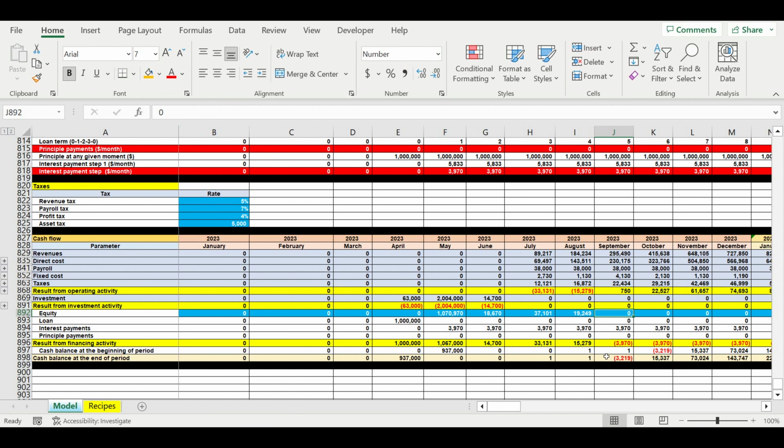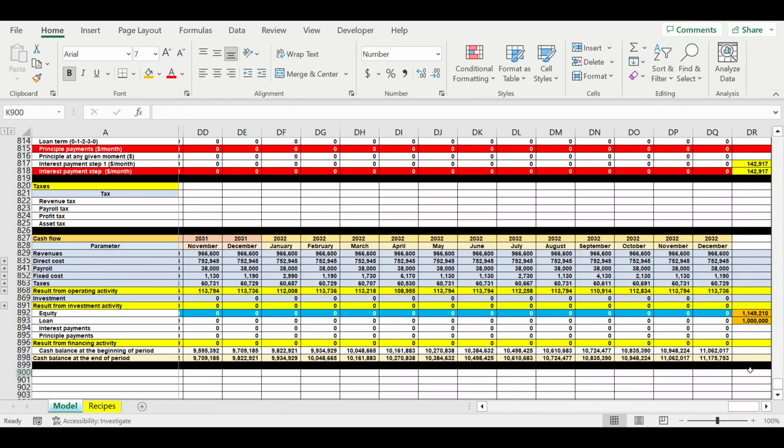And the last portion of financing will be this. Now we can go to the end of the timeline and see that we need in total 2,149,210 dollars to start the business.